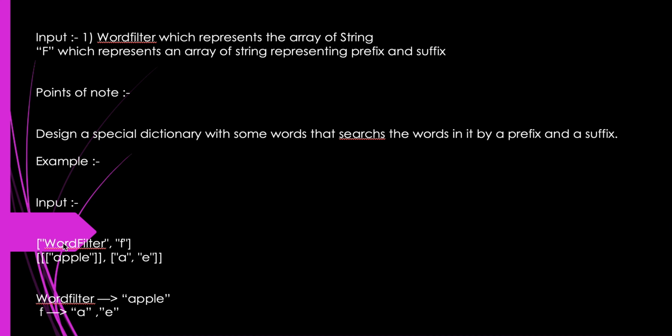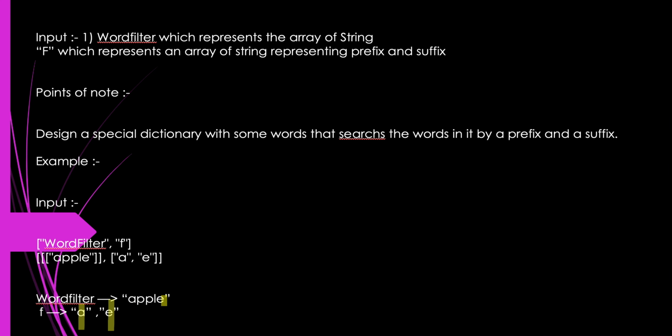Example is, we are given a word filter, which is an array of input string, and it contains value apple, and then we are given f, which represents an array of prefix and suffix, and here prefix is a and suffix is e. So we have to search a word in word filter which starts with a and ends with e.